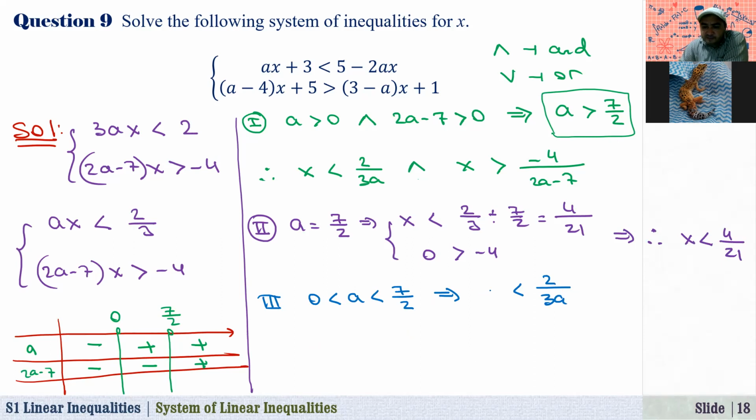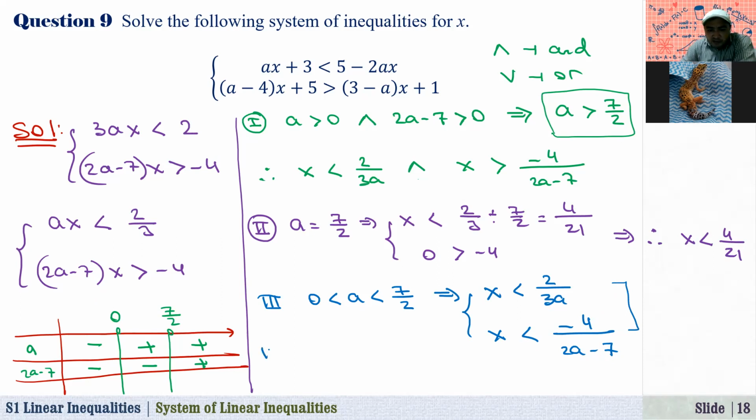Okay, but the second one is negative, so X will be less than, because we are dividing by 2A minus 7. 2A minus 7 is negative over this interval. It will be less than minus 4/2A minus 7. Okay, X is less than 2/3A, and X is less than this, right? So since 2A minus 7 is negative, it will be positive. So this will be the solution set. Which one is smaller? Actually, we should just compare and write the answer.